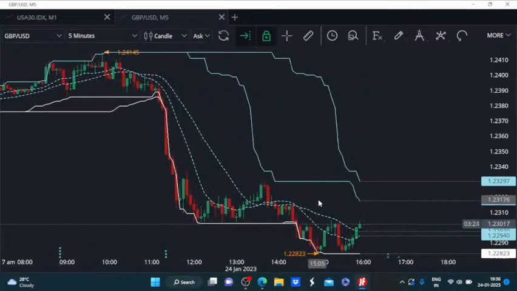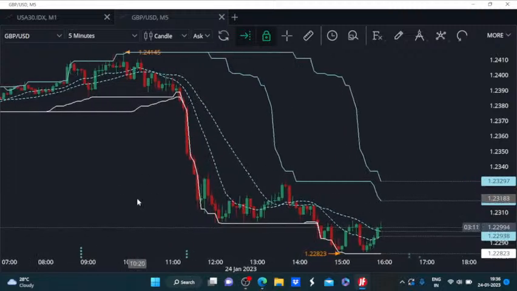So it is still preferable to go with the flow and keep looking for short selling opportunities. Even on these lower levels, I think it is more appropriate to keep looking for short selling opportunities instead of trying to go against the flow. The GBP is not going to be the currency on which you should be waiting for the dollar to decline, at least not in today's session.